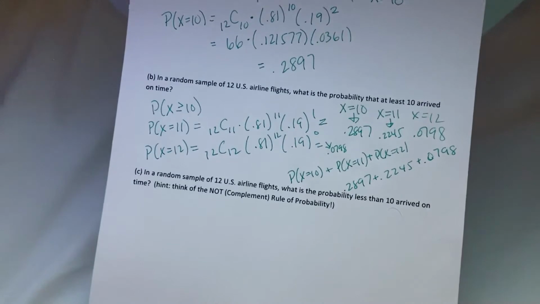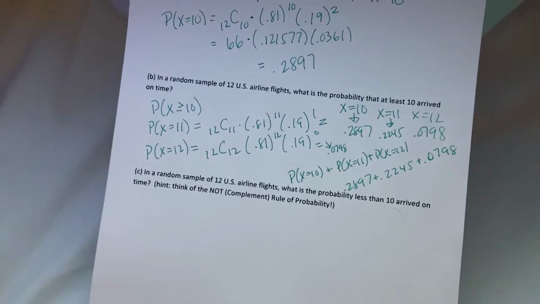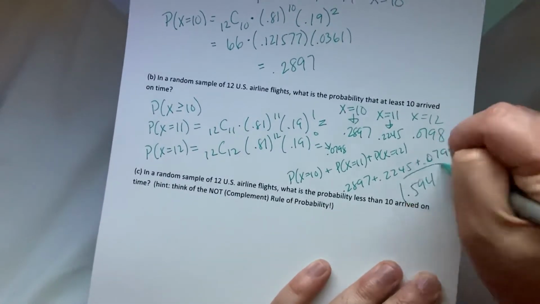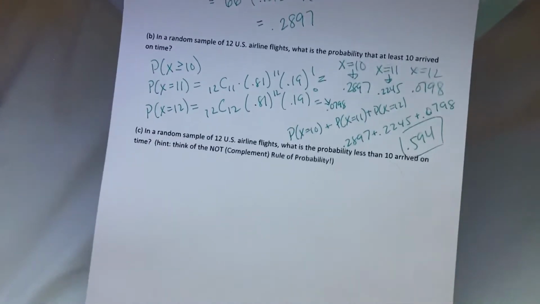Put that in your calculator. So 0.594. So a 59.4% chance that at least 10 flights arrive on time.